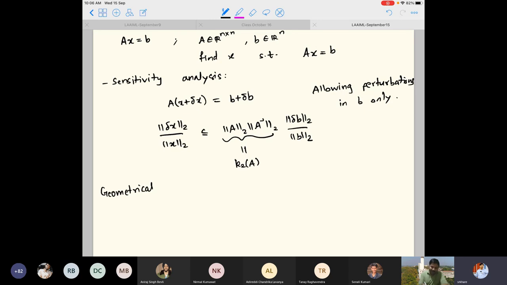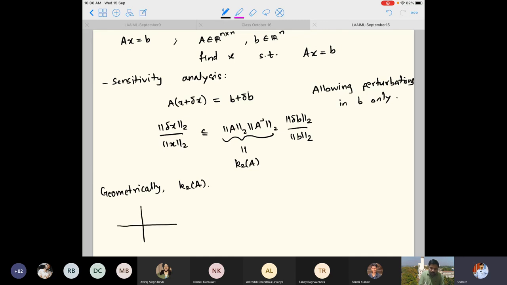So geometrically, what is really happening? That's what we are interested to see. We saw the geometrical interpretation of condition number, and we are going to see it today. Geometrically, what does the condition number of A mean?